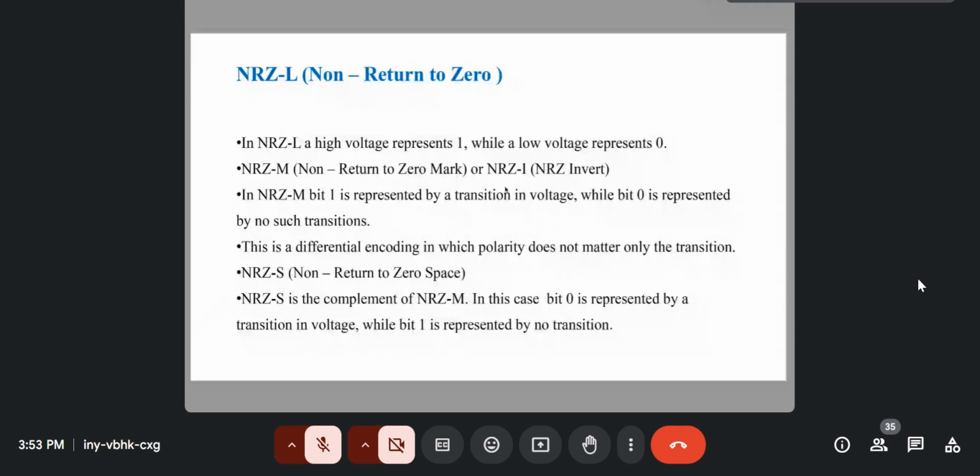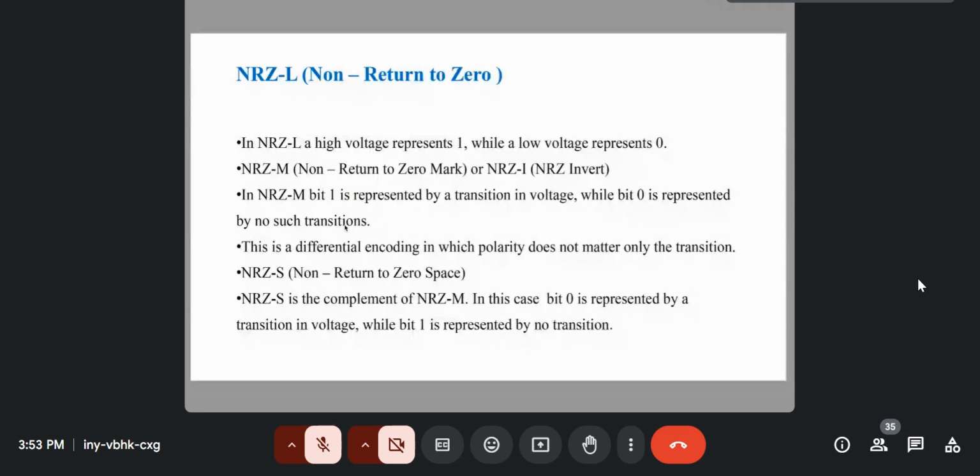It's also in some circles called NRZ-I, NRZ invert. In NRZ-M, a bit is represented by a transition in voltage. So a 0 bit is represented by no transition, and a 1 bit is represented by a transition.